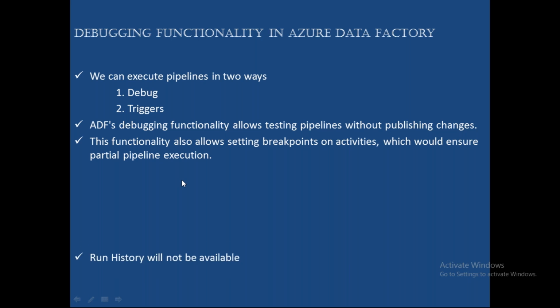Okay, clear? Next, run history will not be available. Suppose you debugged this particular pipeline, it will execute that pipeline, and the details about that particular execution will not be saved permanently. Those will not be available after you run the second time. Suppose I debugged a second time, my first debug details you will not be able to see.